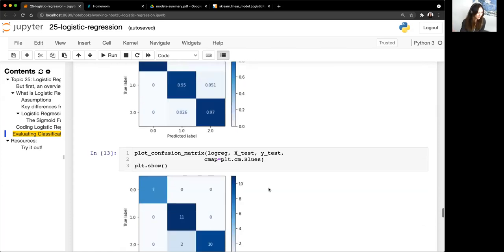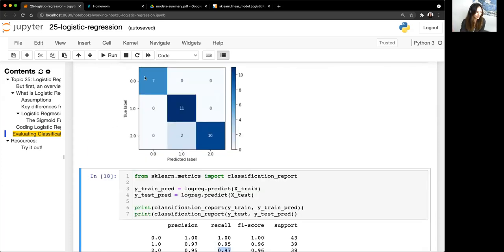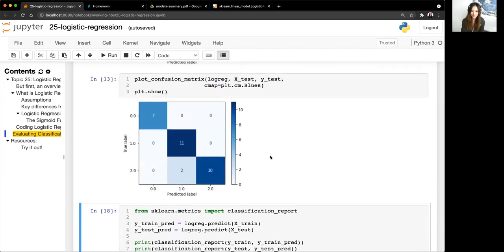So precision is looking at it from a row perspective. Out of all of the predicted 0, how many were actually 0? In this case, let's use the test set as an example. You fully correctly predicted class 0, so you're good here. But over here, for class 1, you predicted 13 ones, but only 11 of them were actually 1s.